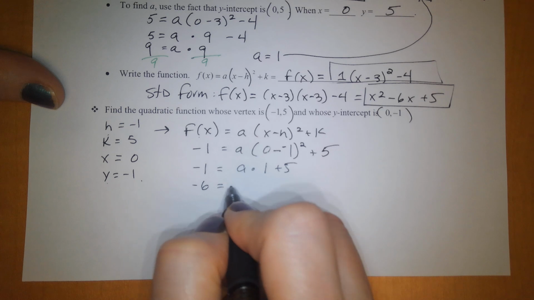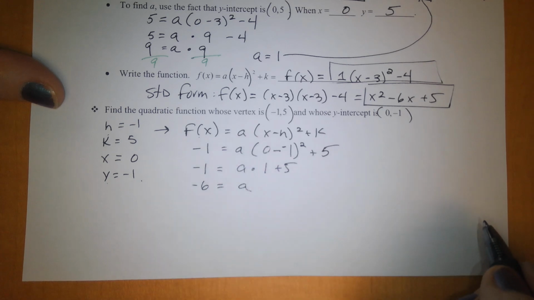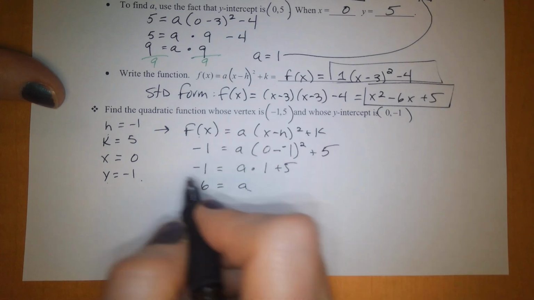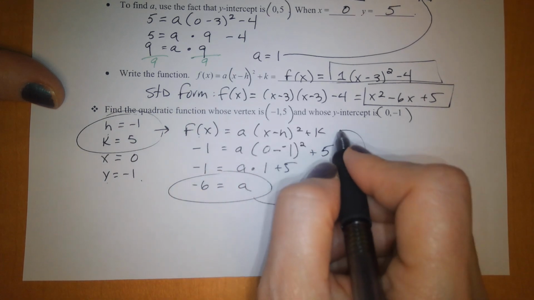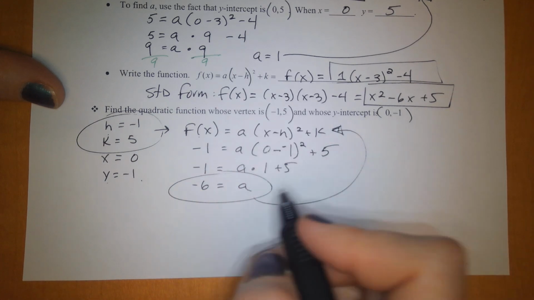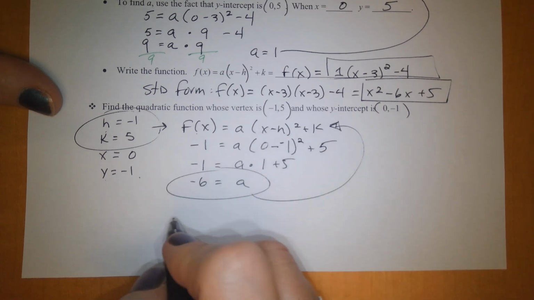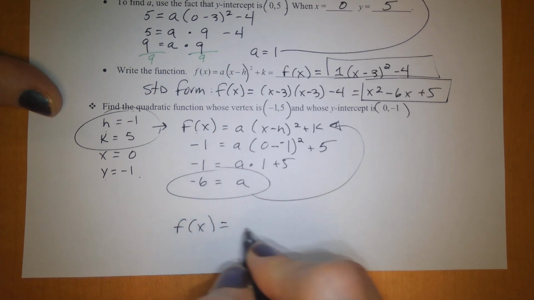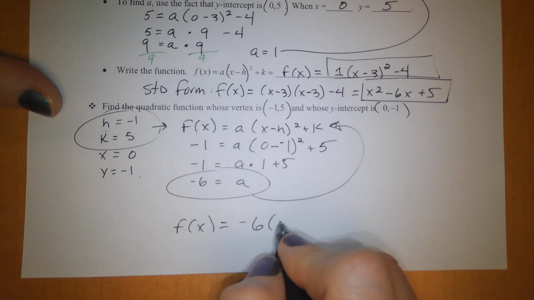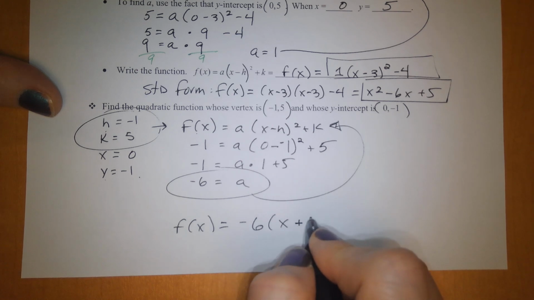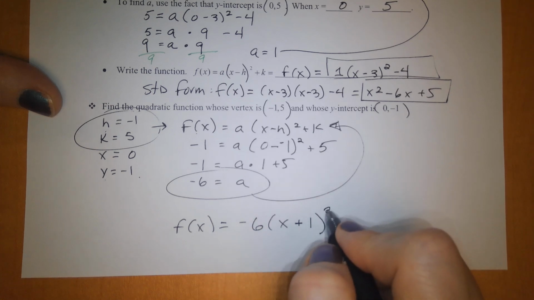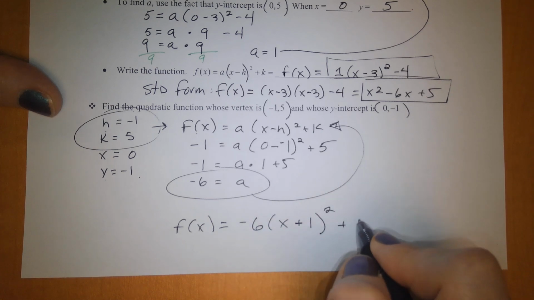Subtract 5 from both sides, and we have a equals -6. So if I take these three pieces of information and plug them all into the original general form of a parabola, we're going to have our equation. a is -6, where h is -1, so that means it actually becomes plus 1, and k is 5.